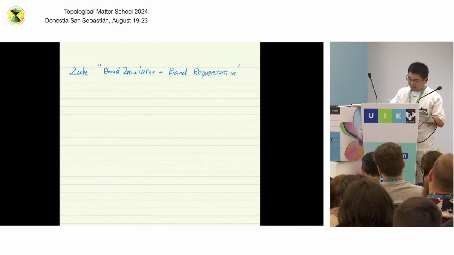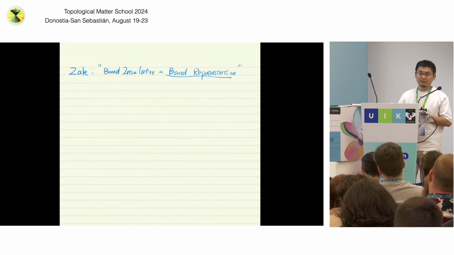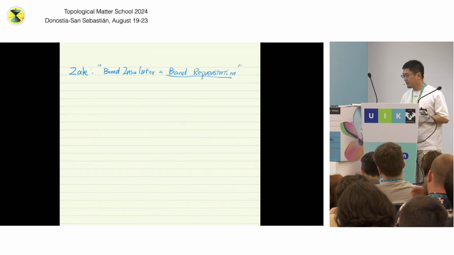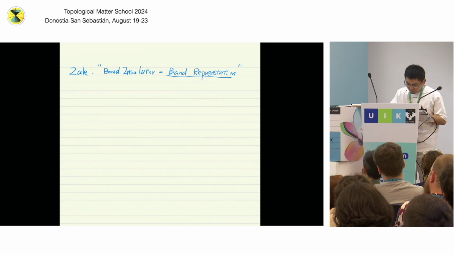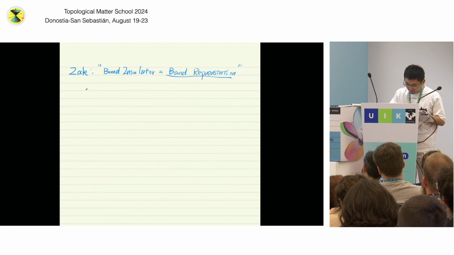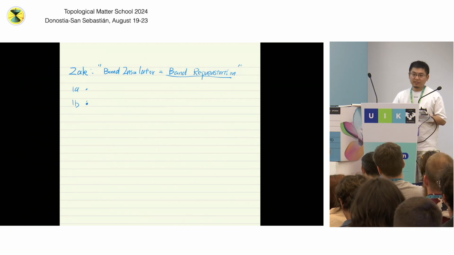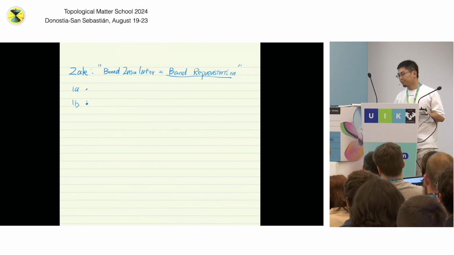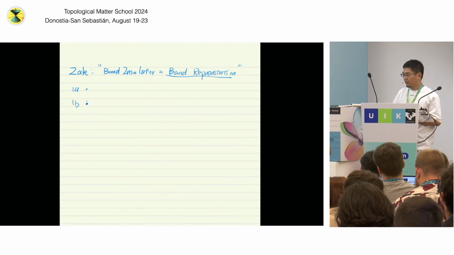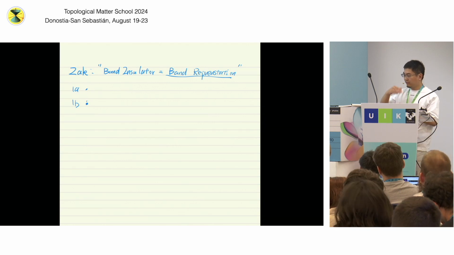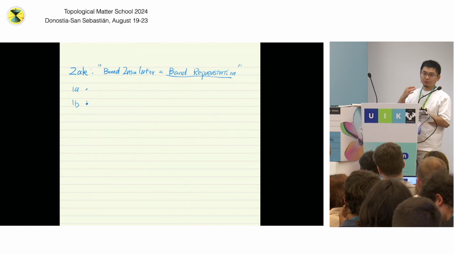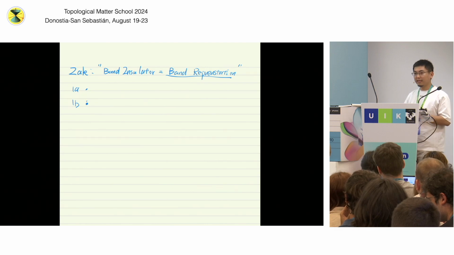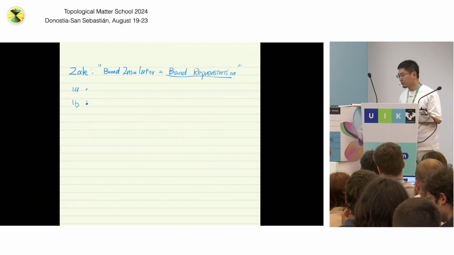Let's consider how many band representations can be found in real space. Basically, we have 2 high symmetry positions, the 1a position and the 1b position, right? And each position has an inversion symmetry, as I just explained. At each site we only have 2 types of orbitals, the even one and the odd one under inversion symmetry.